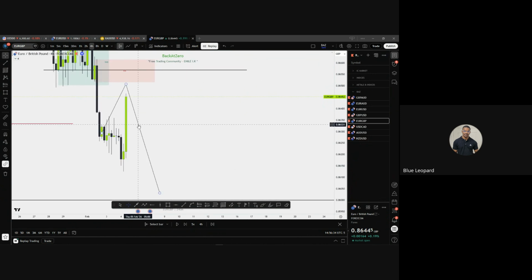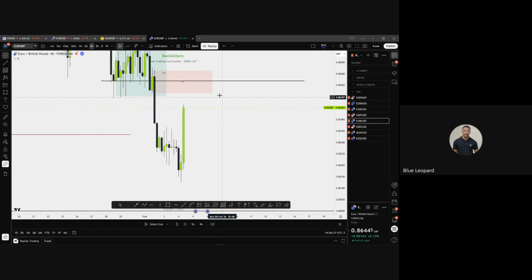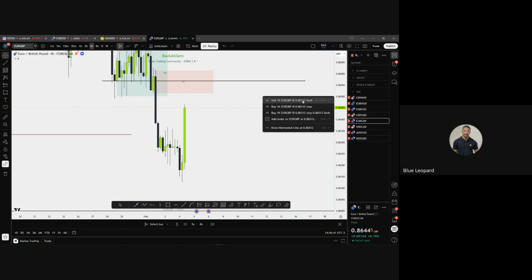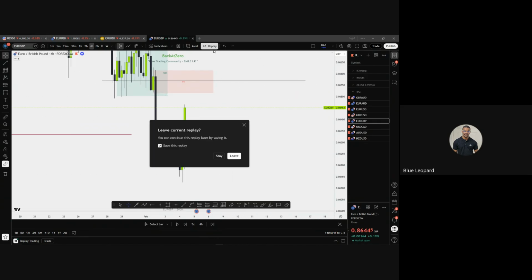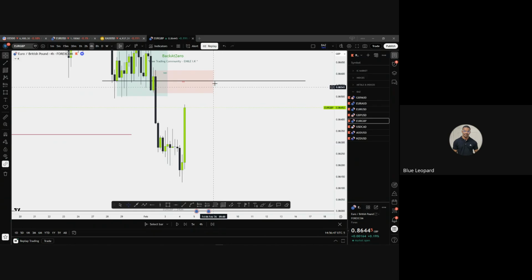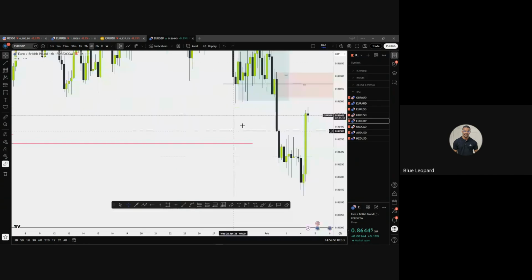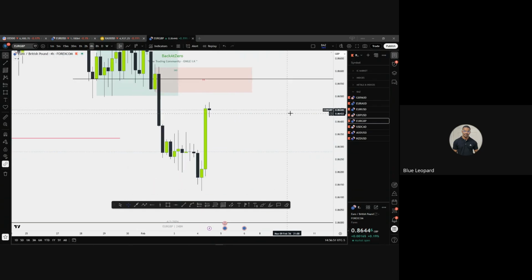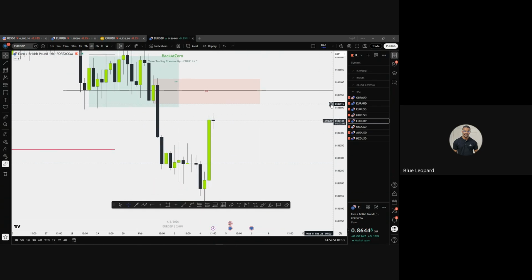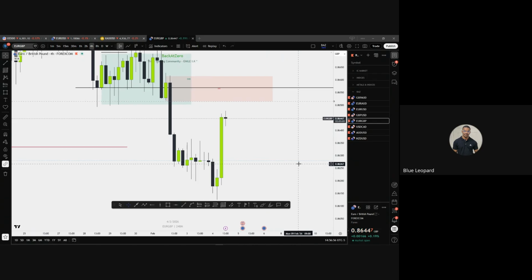I'm going to clean this and remove this. We're waiting for this to reach here, and then we can drop. Okay, you see this is EURGBP. We have another opportunity here that we could take. Okay, I'm going to remove the replay button. Okay, what you are waiting for, guys, this is another easy way to look at the market.